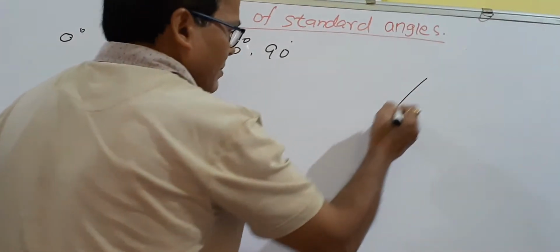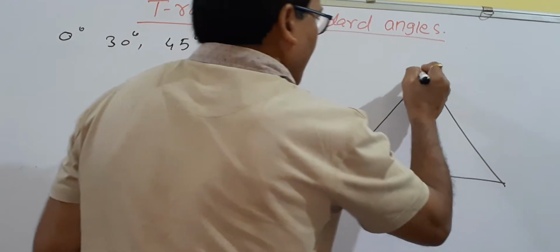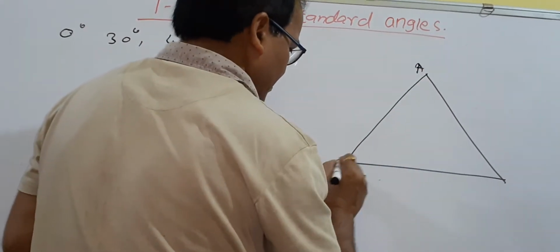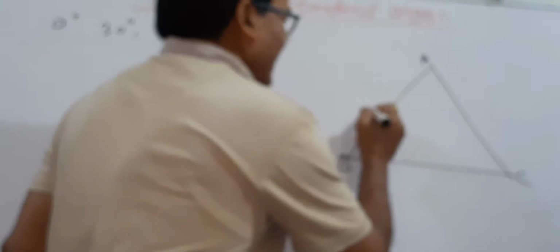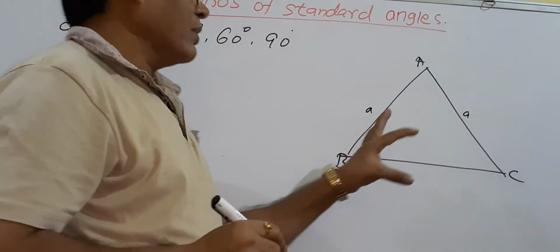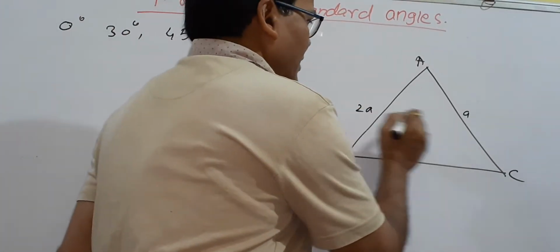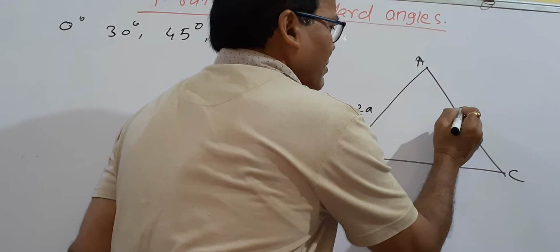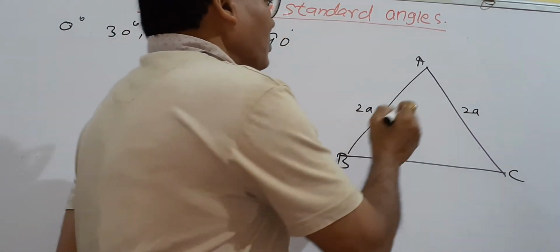Suppose ABC is an equilateral triangle with each side equal to A. For better calculation, you can consider 2A, not A. It will be easy to calculate.